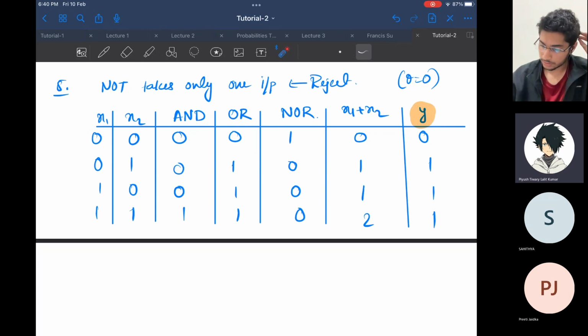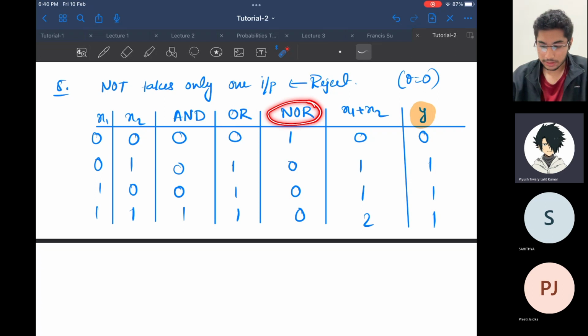Right, so I think it's fine. When OR is 1 1, this is 1 1. So I think OR can be modeled using y, right? There is no issue. You can use this MP neuron to model your OR function, right?